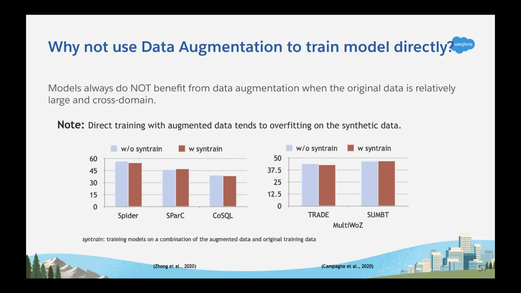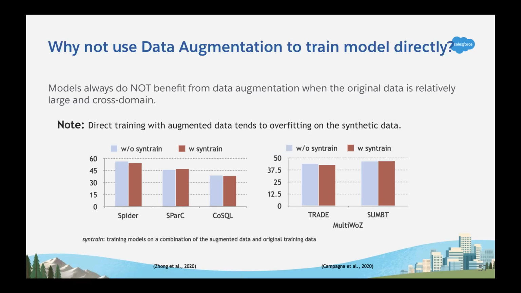They tested on different text-to-SQL data sets, and they found almost no change, sometimes even a little bit worse. And they not only tested on text-to-SQL data sets, but also on some dialog state tracking data sets, and they have the same conclusion.